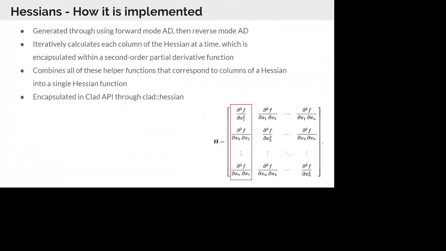It's implemented in CLAD by first, say that you have a function and you want to find the Hessian of it. You call CLAD Hessian, and CLAD Hessian basically calls the forward mode onto the function. So you would find df dx1, for example, and then it applies the reverse mode onto df dx1.